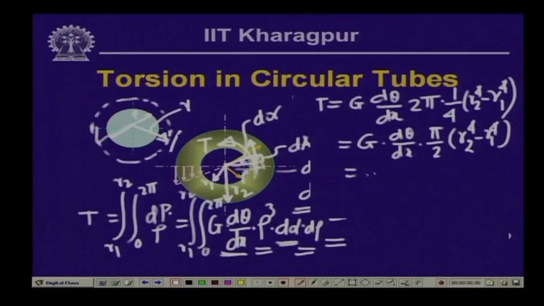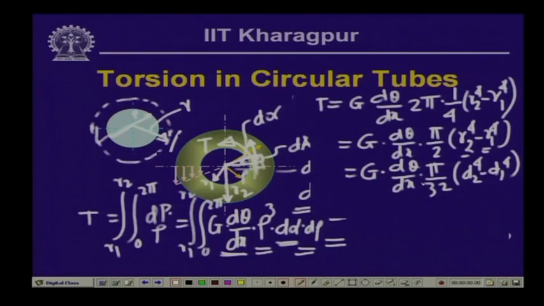And if we write r in terms of diameter, where r is half the diameter, d 2 is the outer diameter and d 1 is the inner diameter, this becomes pi by 32 times d 2 to the power 4 minus d 1 to the power 4. As you remember from last time, we designated this as J, which is nothing but the polar moment of inertia.